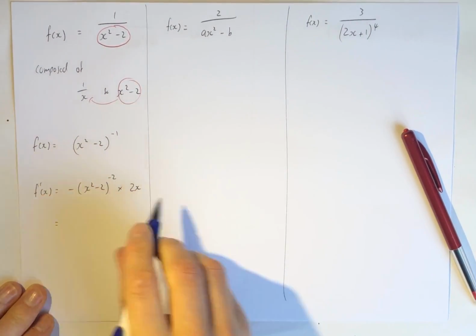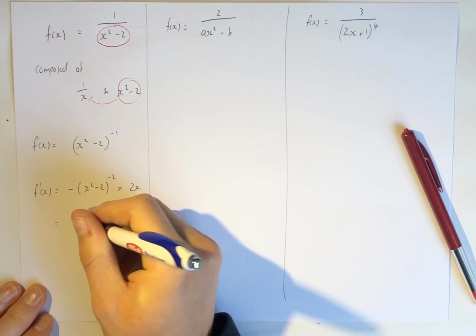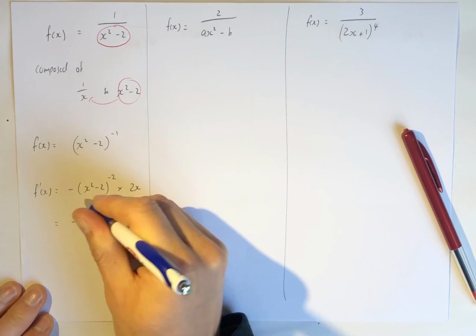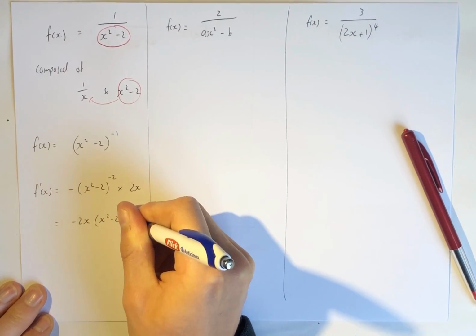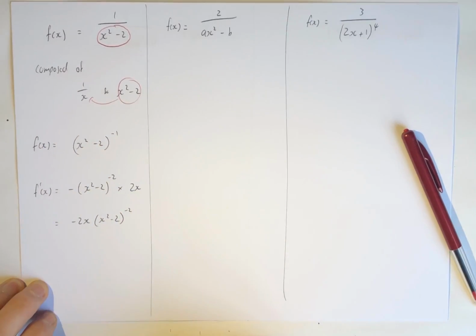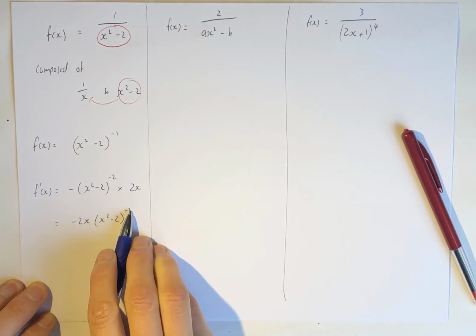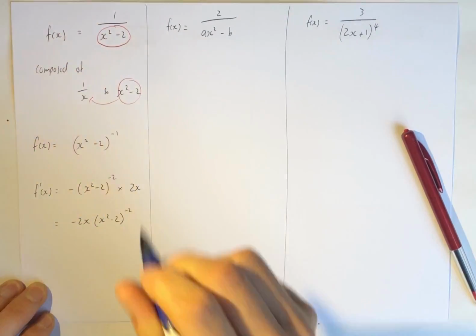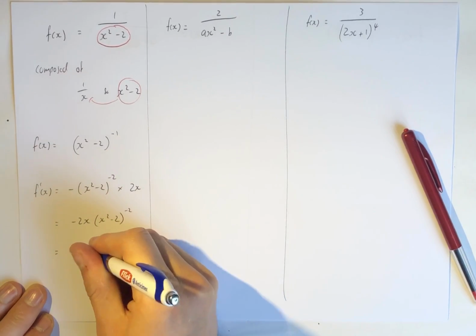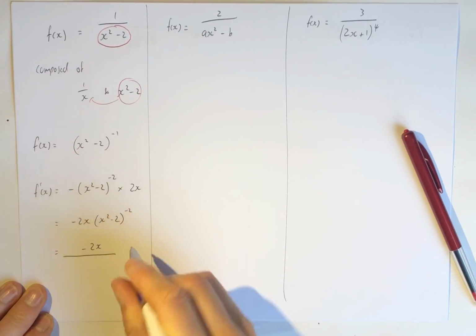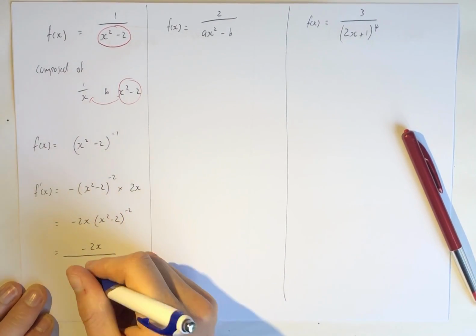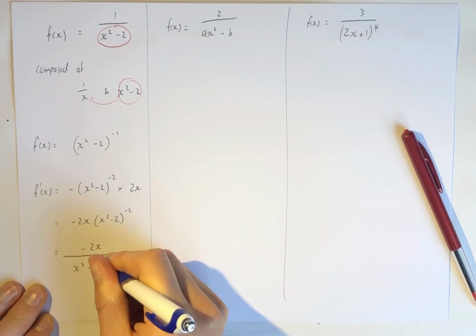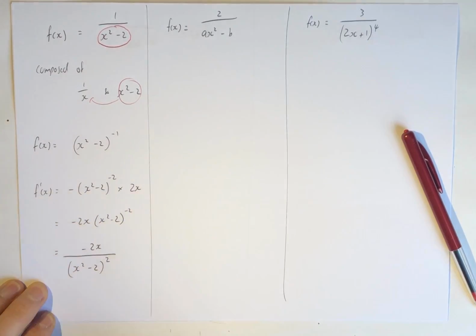So what does this look like if I multiply through? Negative 2x times x squared minus 2 to the negative 2. And I don't like the negative power, so I'm going to take it back to this notation. That's going to be negative 2x, and because this whole thing is to negative 2, it's x squared minus 2 squared.